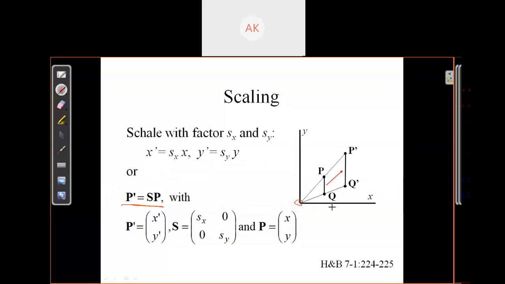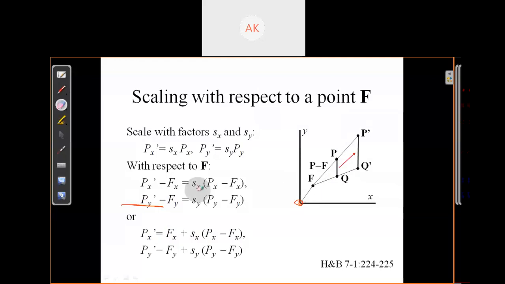This fixed point may be a vertex of your object, or the centroid of your object, or any point. It doesn't mean it's inside your object. So when your scaling fixed point is not the origin, this equation you will get.